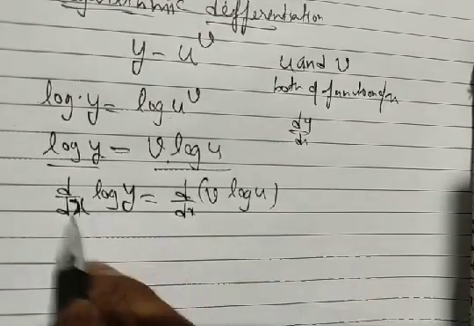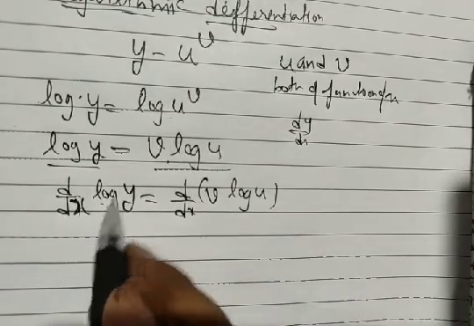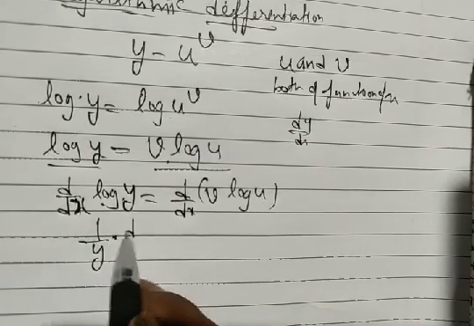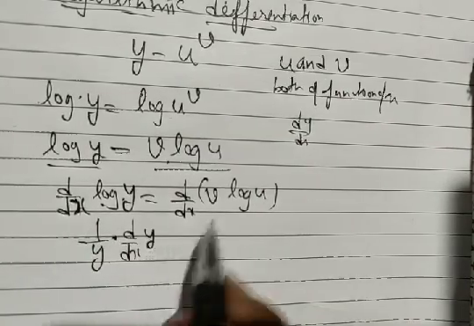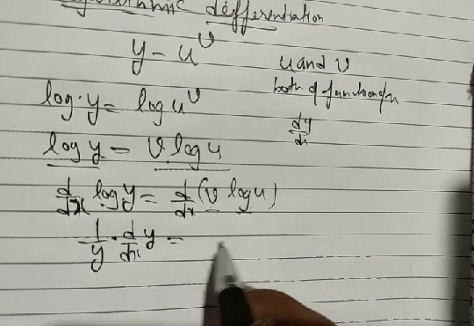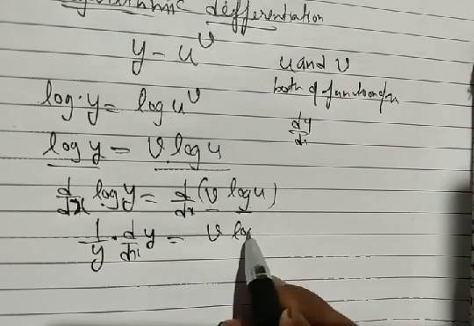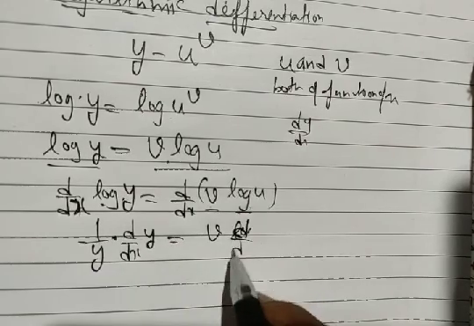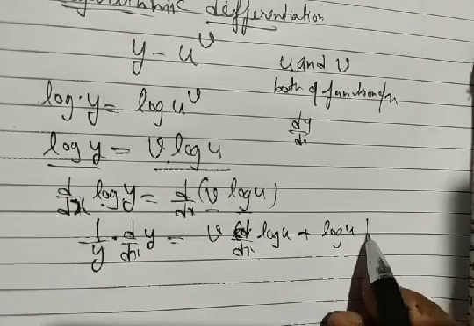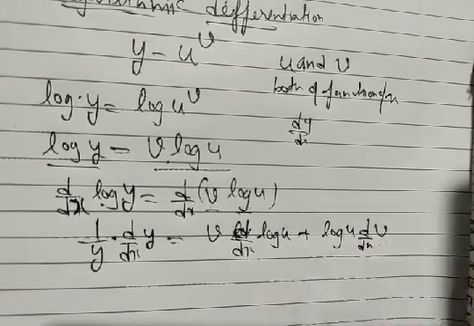Then by the chain rule, we get 1/y times d/dx of y, and here we have f into g format, so we write v d/dx of log u plus log u d/dx of v.